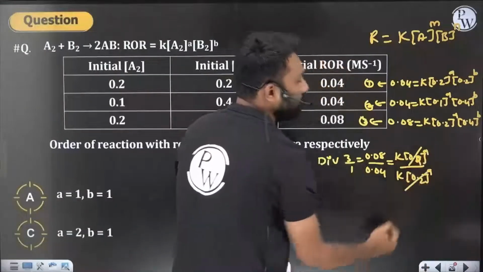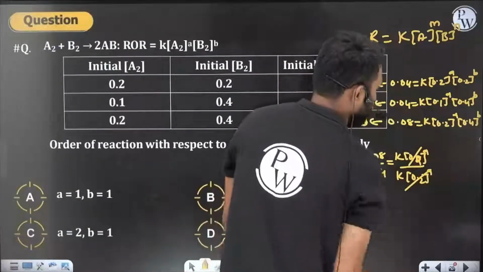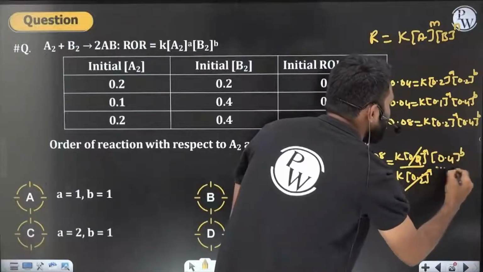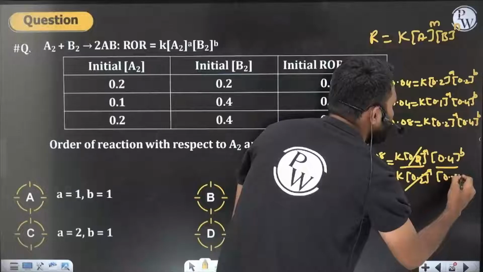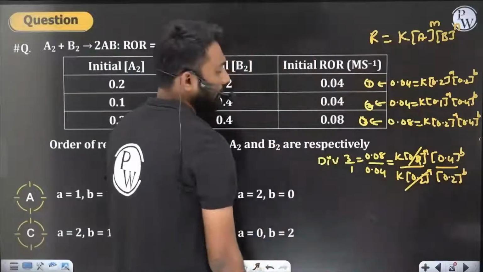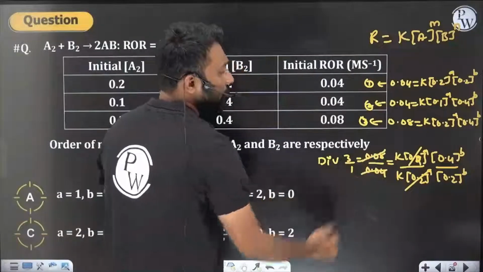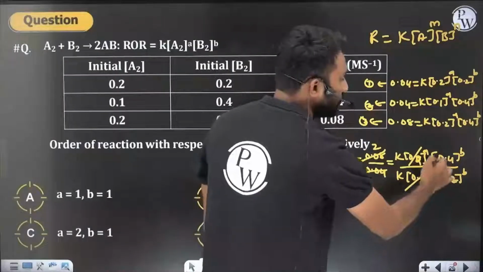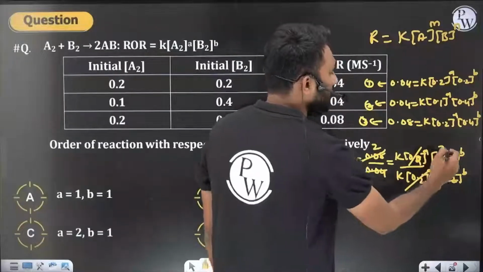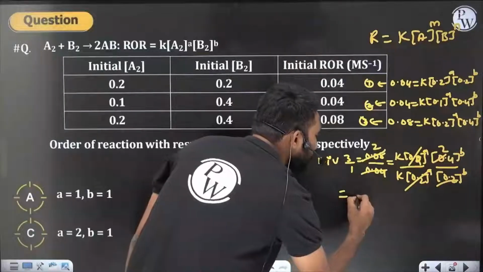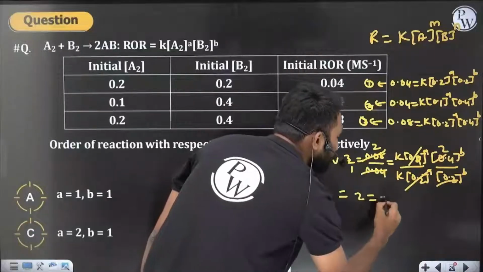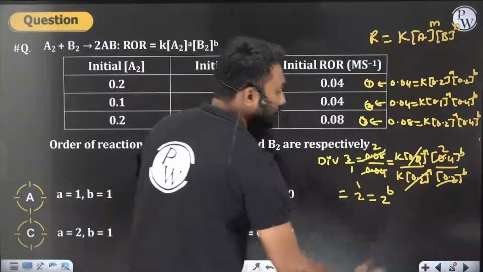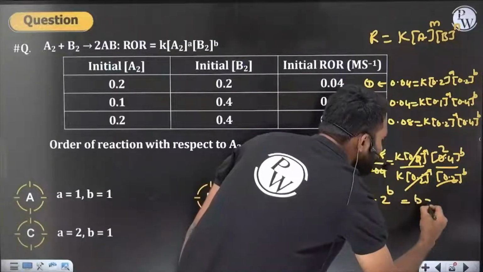This is the same, we can cancel it out. Now here, 0.4 of B by 0.2, the concentration of B. Look here, 0.4 by 0.2, how much does it become? It becomes 2. So here we get 2 raised to the power b. Now here the power is 1. Now order with respect to B is 1.